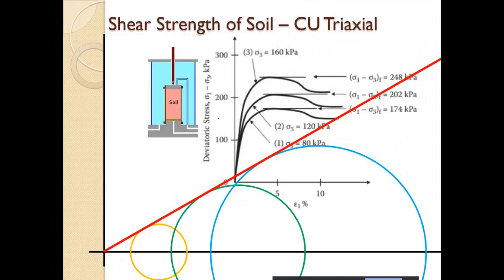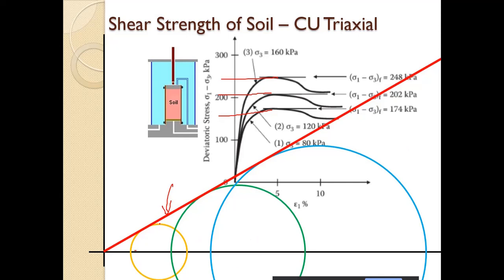So we will have the deviatoric stress at failure. Ultimately we will draw the tangent. This part actually comes after we draw the maximum Mohr circle, the biggest Mohr circle of the test.